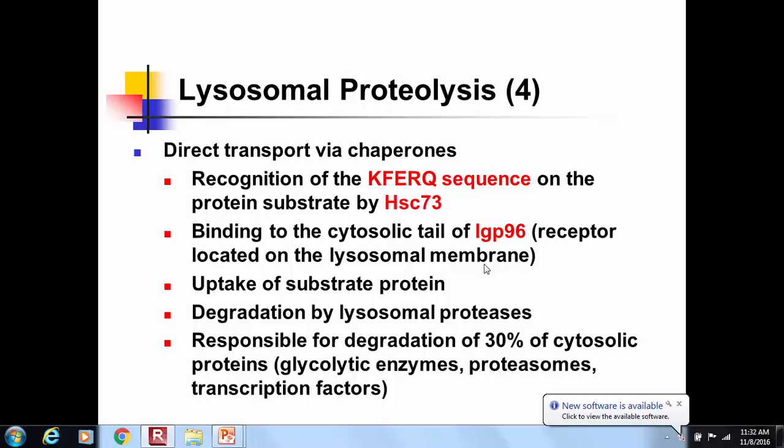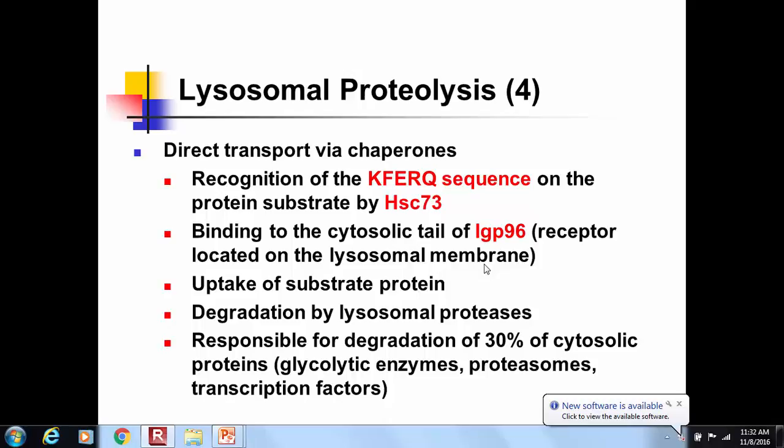That sequence can be recognized by a protein, HSC70, the heat shock cognate protein. It also requires a specific receptor, LAMP-2A, and this receptor is localized on the surface of the lysosome, right?